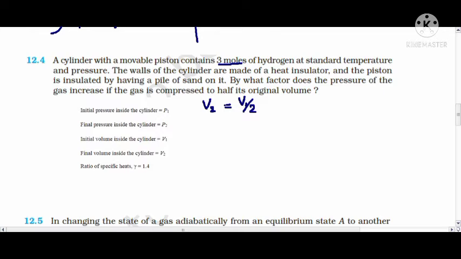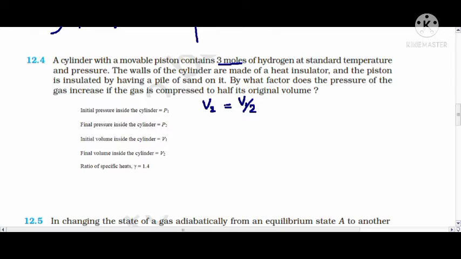Now you can observe the cylinder and the piston, everything is completely insulated. Therefore, the process that you obtain, as explained in the question, is an adiabatic compression. So we can take the initial pressure P1, final pressure P2, initial volume V1, final volume V2, and it is hydrogen, which is a diatomic gas.